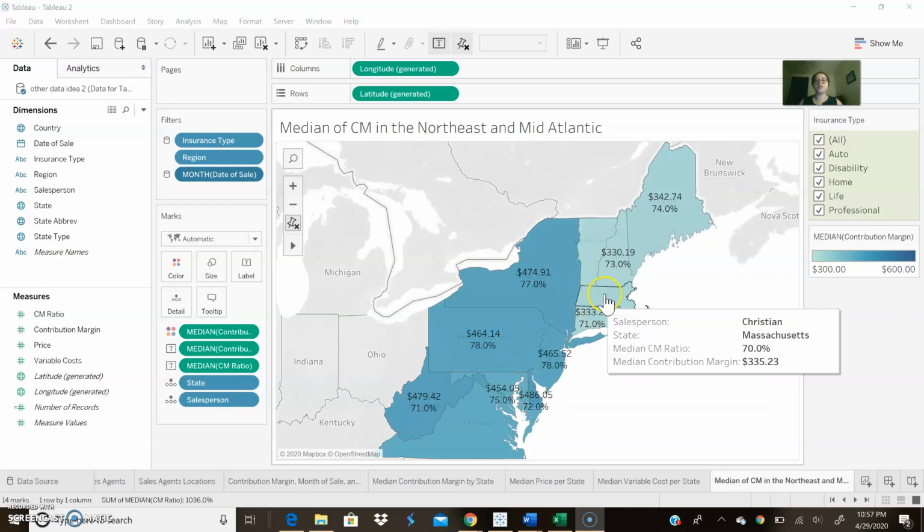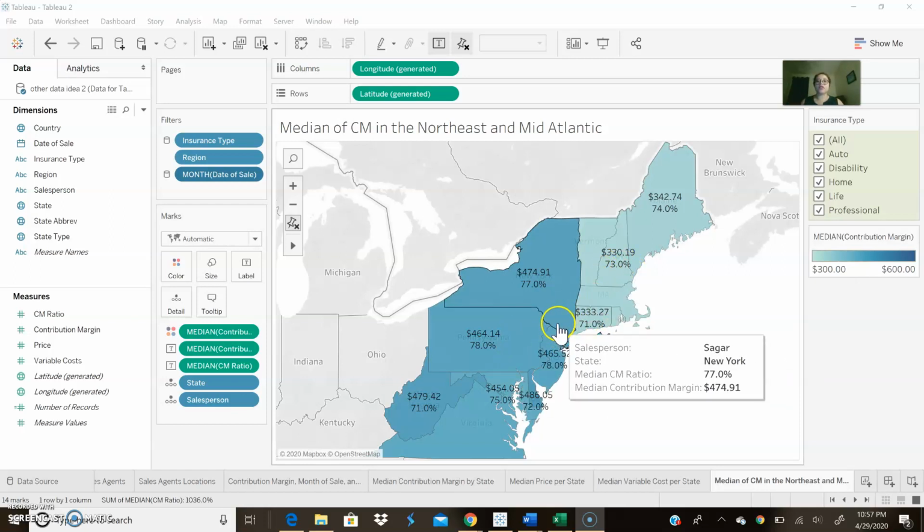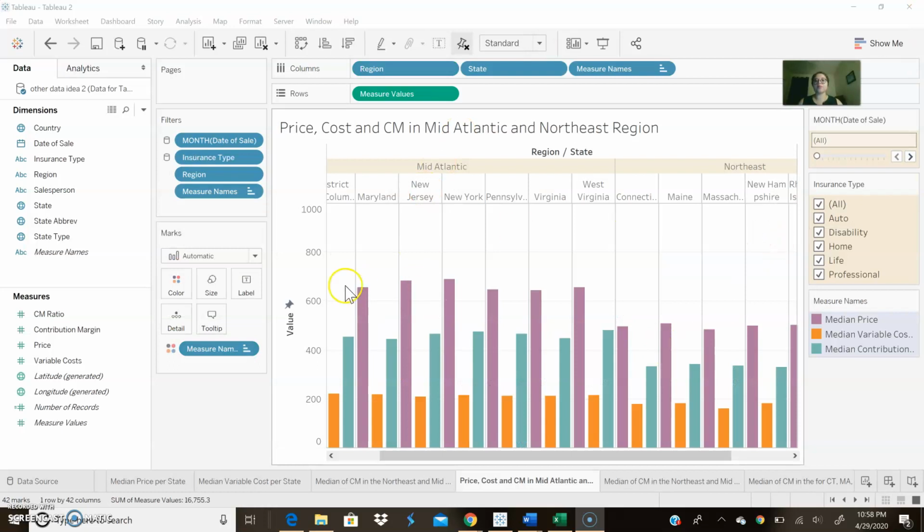However, their contribution margin ratios are all in the 70s range. So let's check out how the prices and the costs differ from each state. My next worksheet is a bar chart comparing the prices, the cost, and the contribution margin between the Mid-Atlantic and the Northeast regions. As you can see, my measures are color-coded.